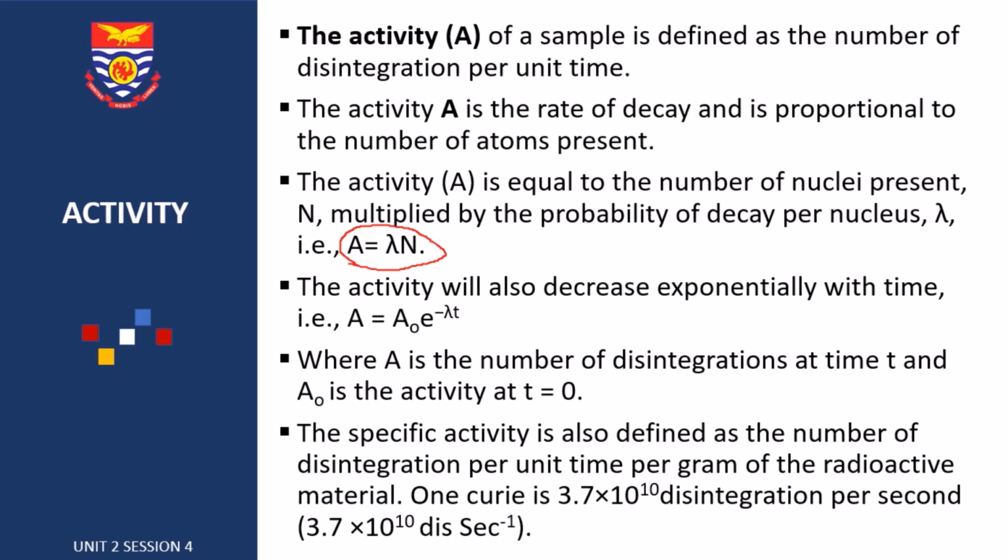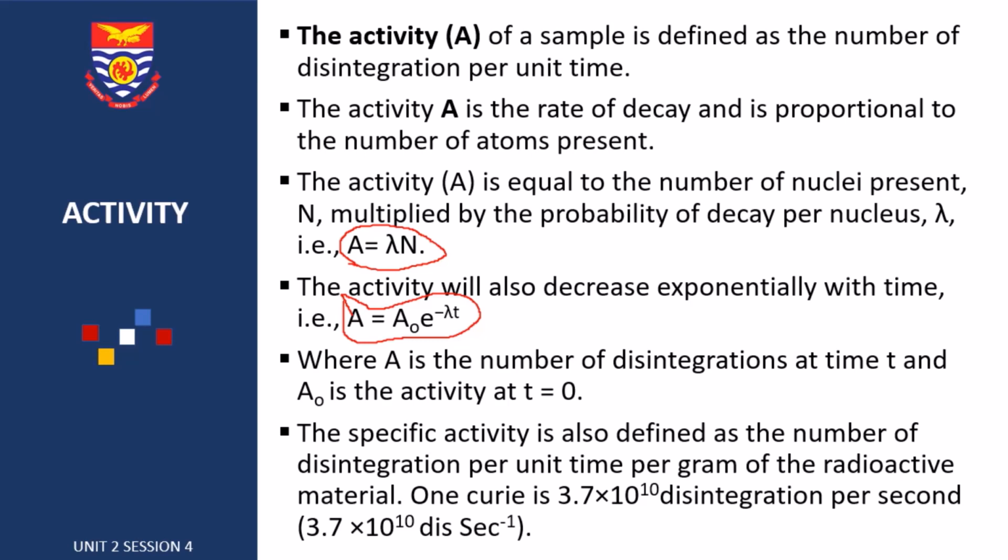We can integrate this, and the integrated equation will be given as A equals A naught e to the power negative lambda T, where A is the number of disintegrations at a given time, A naught is the initial number of disintegrations or the initial activity, lambda is the decay constant and T is the time.